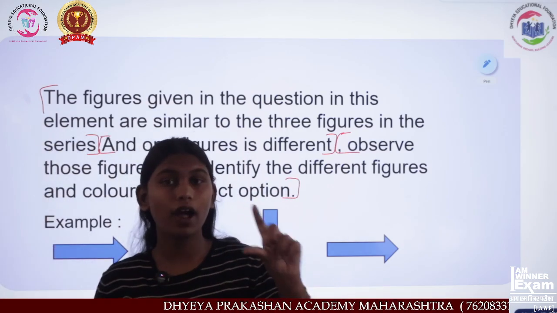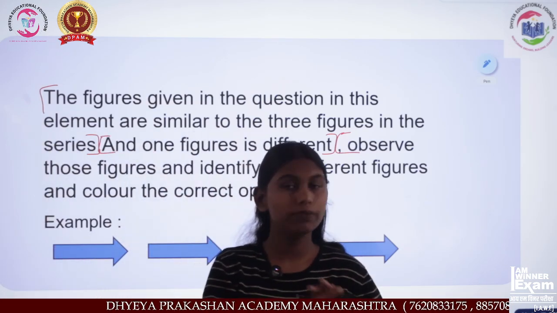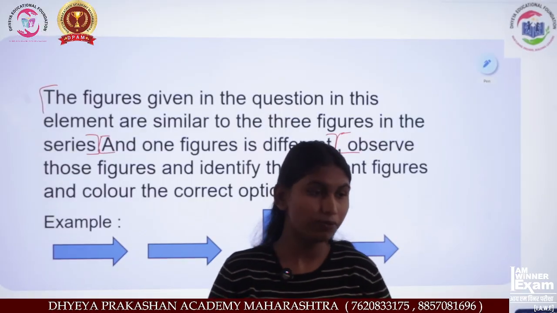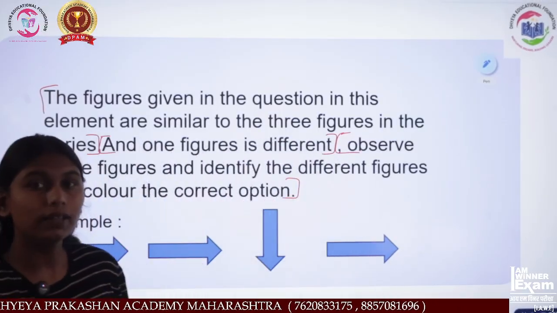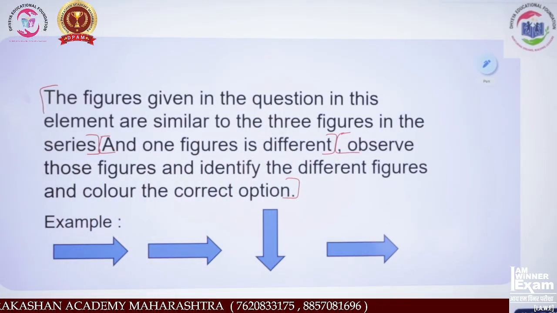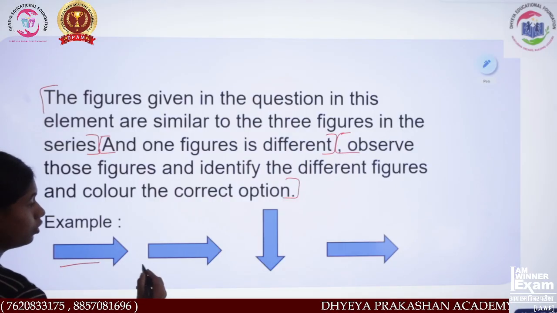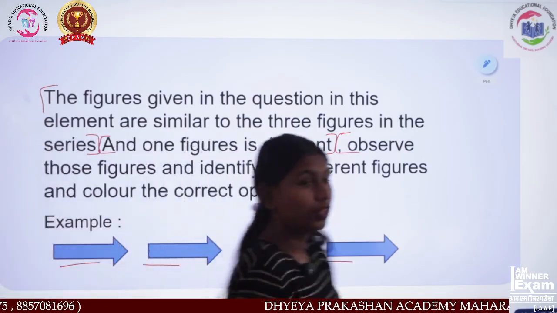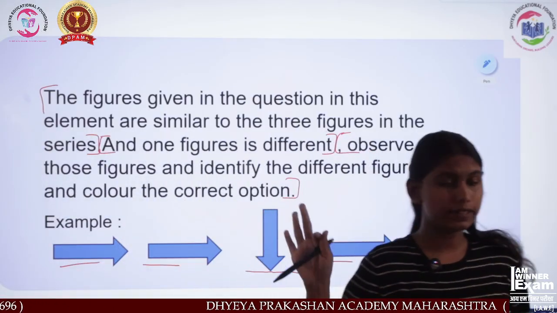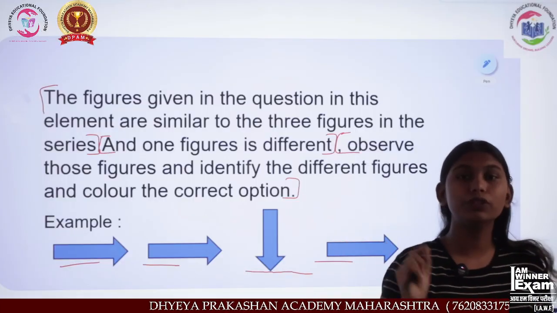Means what? We have to identify which one figure is different from the three of them, and then we have to color that figure or take that option. Okay. Now, this is the example. If you see here, these three arrows are exactly similar to each other.